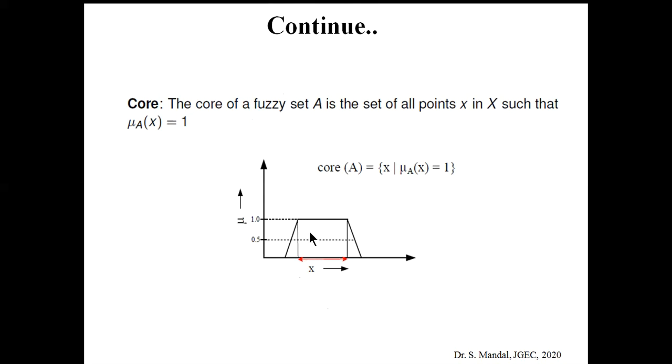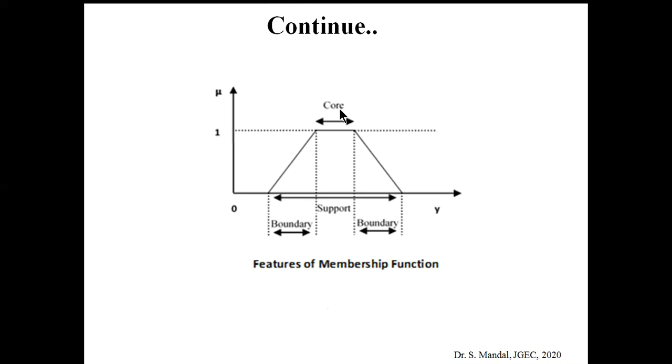Now core is the area where the membership value is 1. For this type of membership function, in this area the value of mu is 1, so this one is the core. Core of A equals x where mu A(x) equals 1.